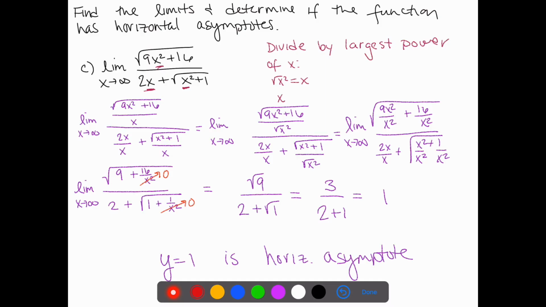And then on the bottom, we are left with a 2 plus the square root of 1 plus 0, so 2 plus 1, or 3. 3 divided by 3 is 1, so my limit equals 1, and that tells me that y equals 1 is my horizontal asymptote.